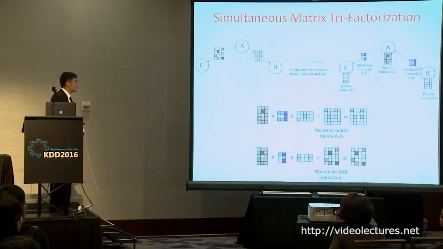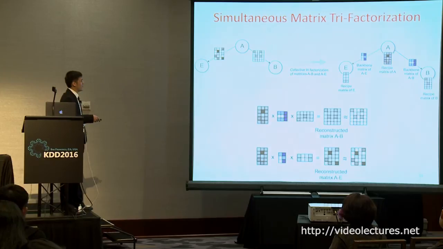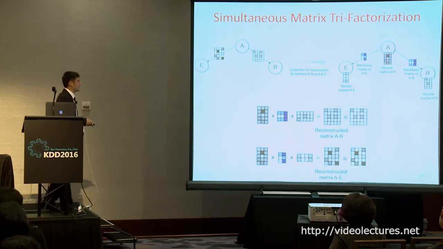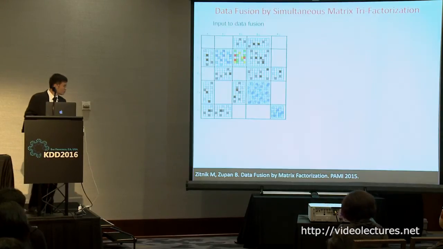In the matrix tri-factorization, they do just like this. So in the factorization, they show the recipe of A here, right? So A is shared by 2 tasks. They have different backbone matrices AE and AB, because this one is the backbone of B and this one is the backbone of E, right? But for the part of A, they share it together.